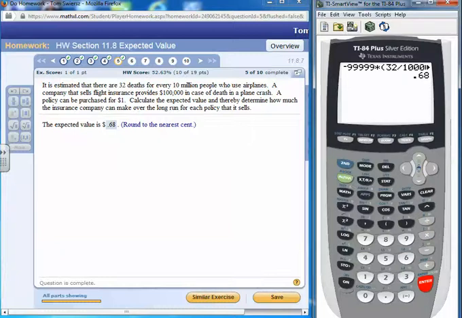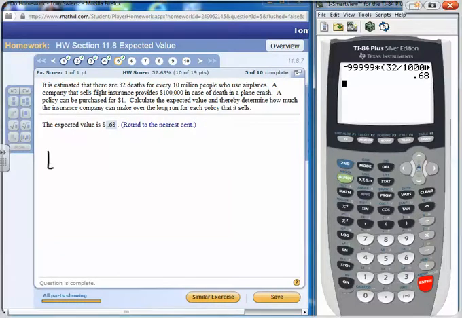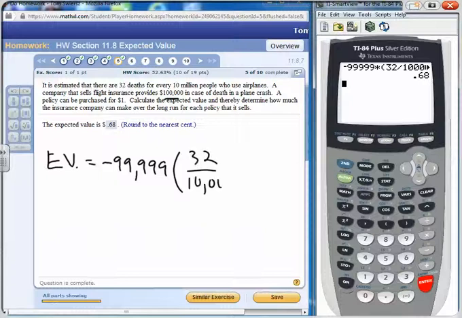So you could have just done it. What we did here was just doing it by the formula. Expected value is equal to the outcome. Person dies, what was it? Negative 99,999. The insurance company loses, times 32 over 10 million.